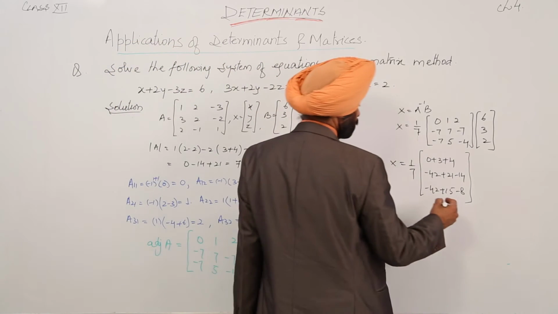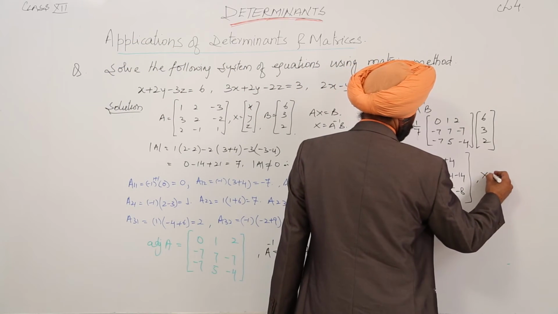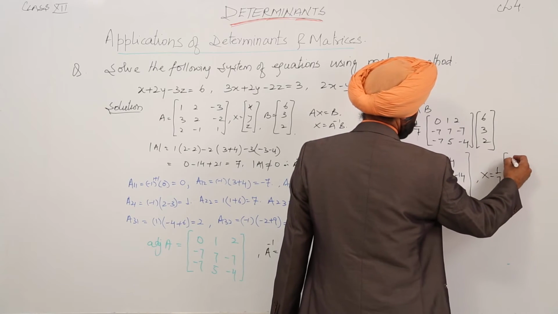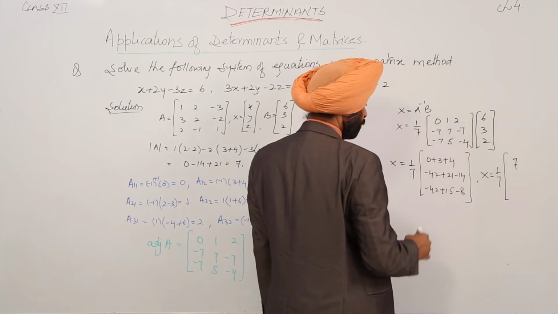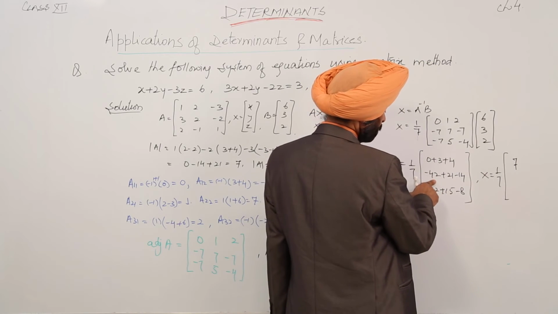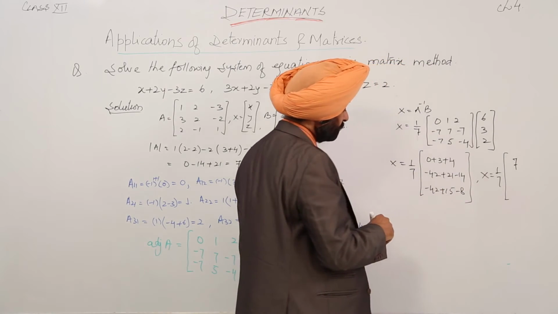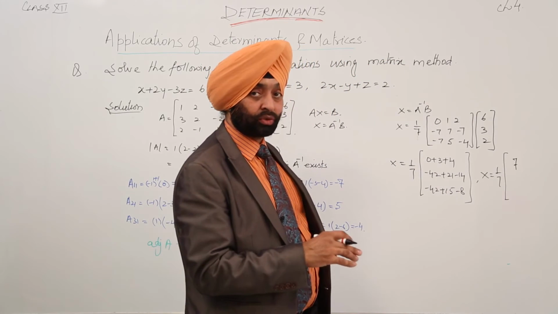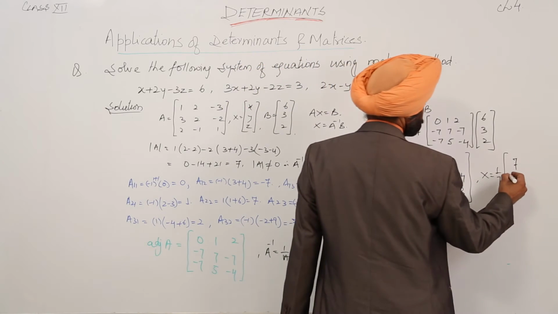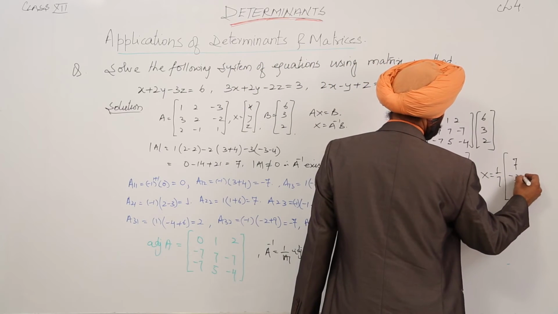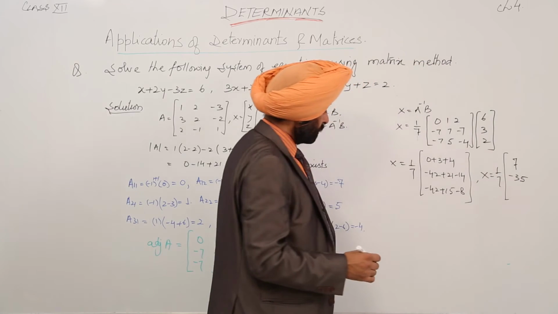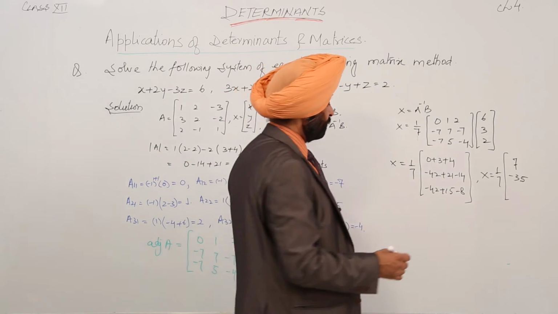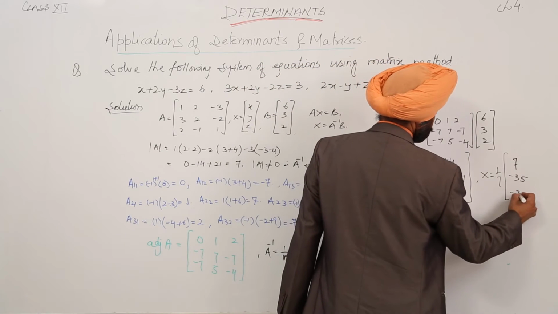Okay, so now X is equal to 1 by 7. We are having here 3 plus 4, 7. Now minus 42 plus 21 minus 14 becomes minus 35, and minus 42 plus 15 minus 8 is minus 35.